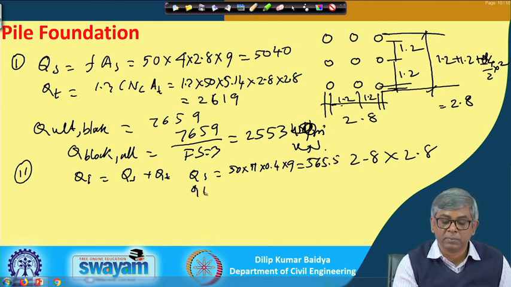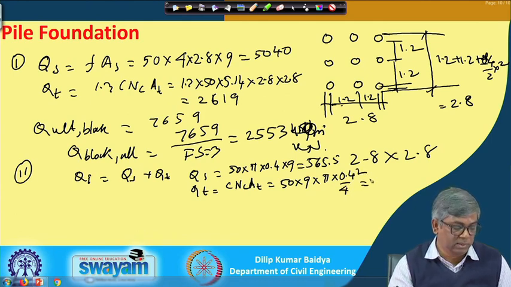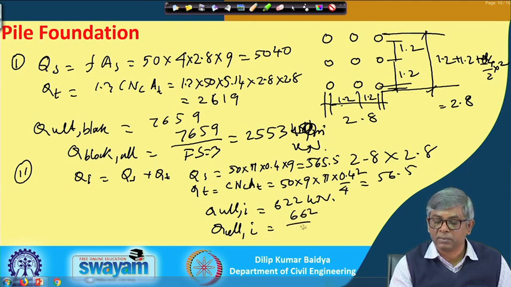And your Q T will be equal to C NC A B. So, C is 50, NC for an individual pile will be 9, and A B equal to pi multiplied by 0.4 square divided by 4, and if you calculate it comes around 56.5. So, your Q ultimate individual, these two together, comes around 622 kilonewton, and Q allowable I will be 622 divided by 2, that means 311 kilonewton.